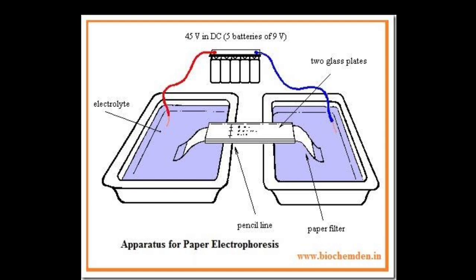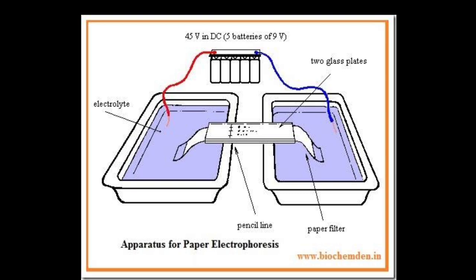On the paper strip, a pencil line is drawn, and on the pencil line the sample is placed. The current will be passed through the buffer solution.